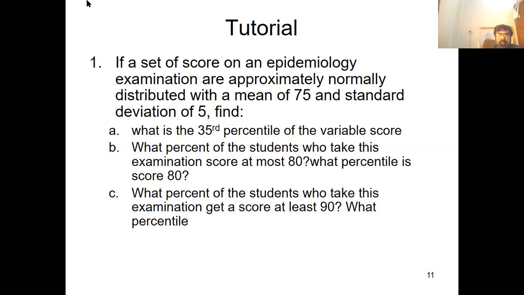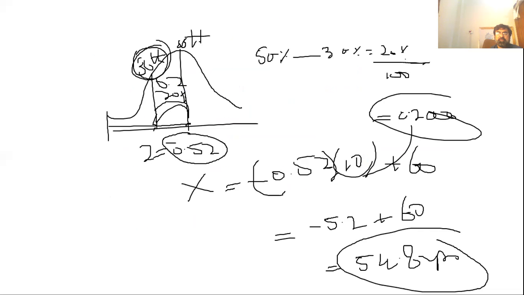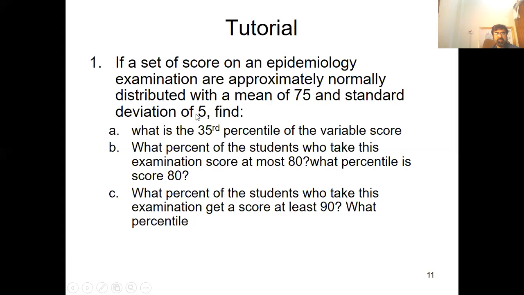Now the scenario is somehow different from the previous one. Here, the mean and standard deviation are given in the scenario, but the questions are different. Here you have to calculate the individual score, and from the individual score you have to calculate the percentile of that person as well. So we are required to calculate percentile from the individual score, and from the percentile we have to calculate the individual score as well. Let's have a look. The mean is 75 with a standard deviation of 5. Now I am extracting the other data as well. For the 35th percentile, the percent of students who take this exam score at most 80, and the percentile of the 80 score, and then score 90.